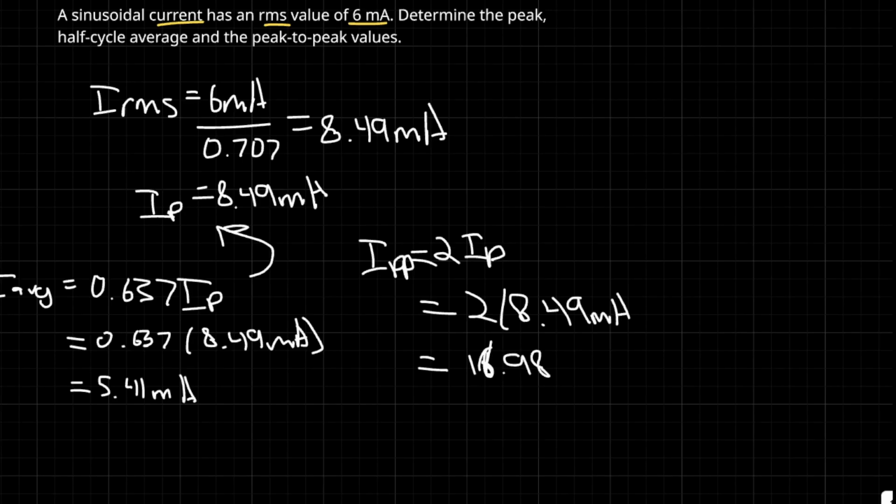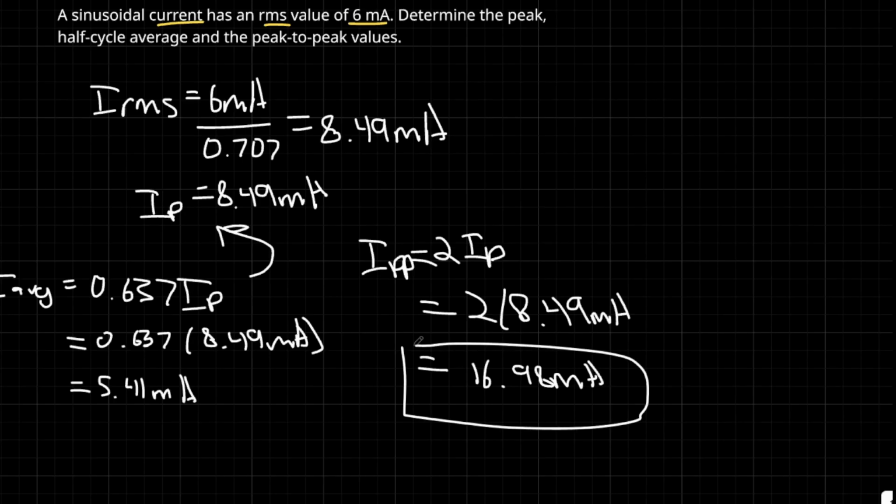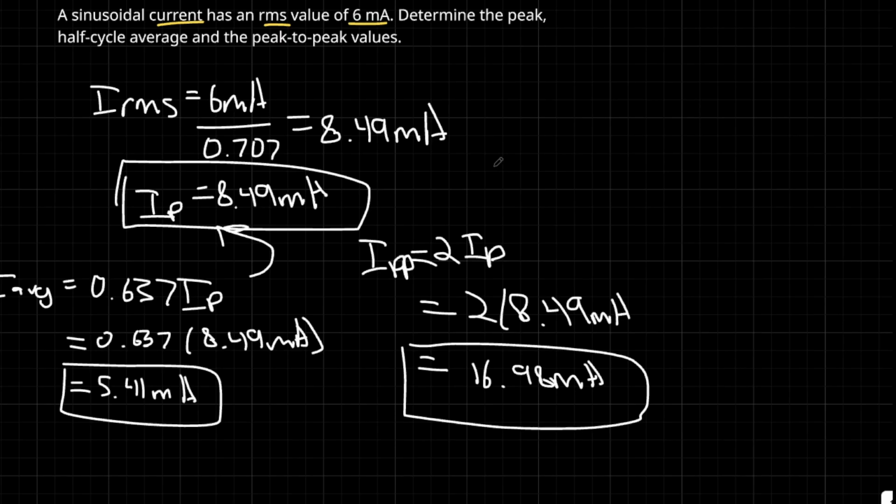I'm really bad at writing, honestly, but I'll rewrite this a little better. 16.98 milliamps. This should be the answer to the peak-to-peak, this is the answer to the half cycle average, and this is the peak value right here.